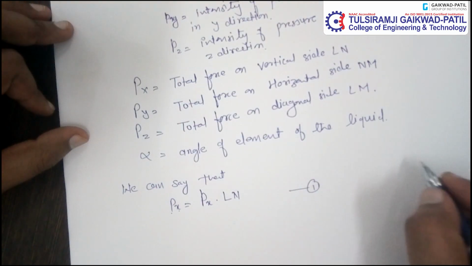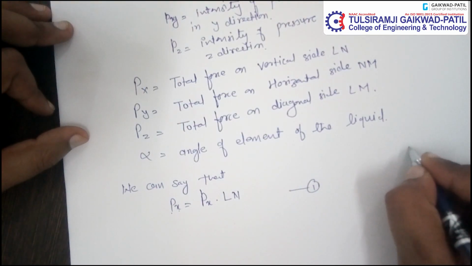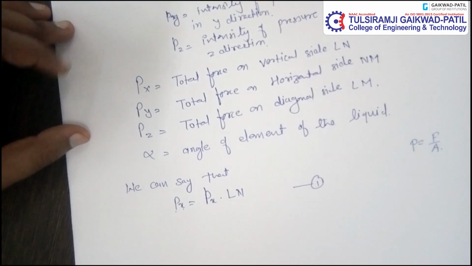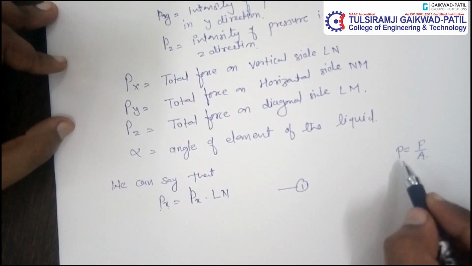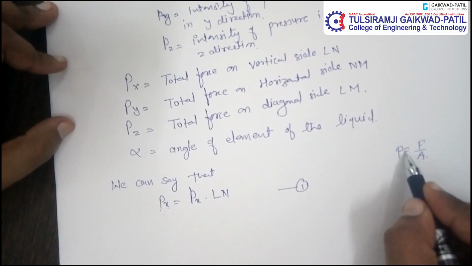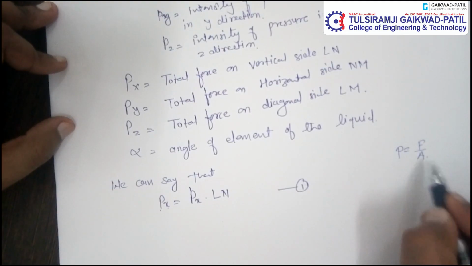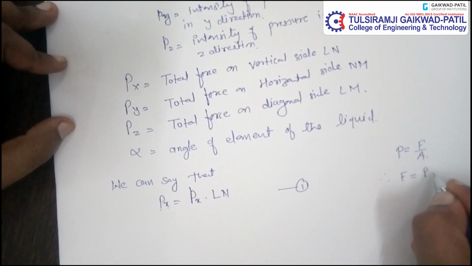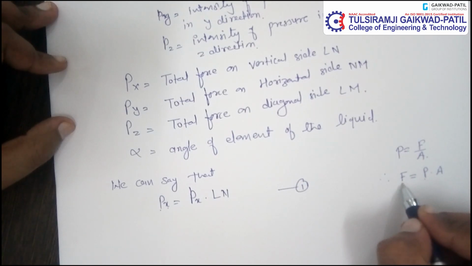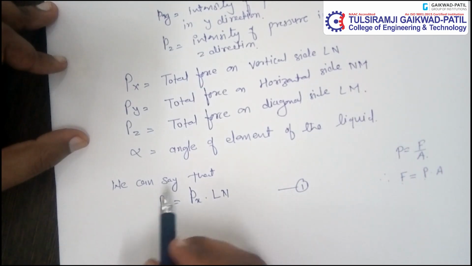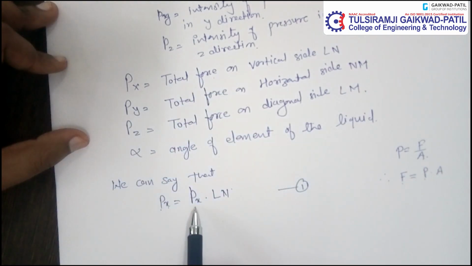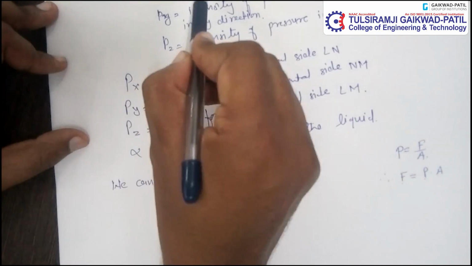So we know that the pressure is equal to force acting per unit area. Therefore, we can say that force is equal to P into A. This P means pressure and this F means force. So what did we consider here? Px is equal to force and small px is equal to intensity of pressure.